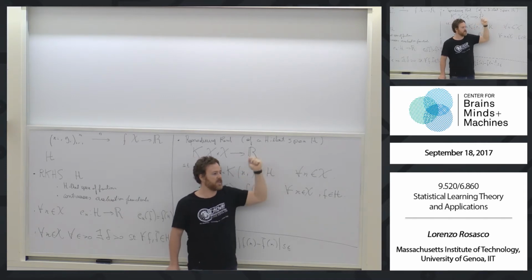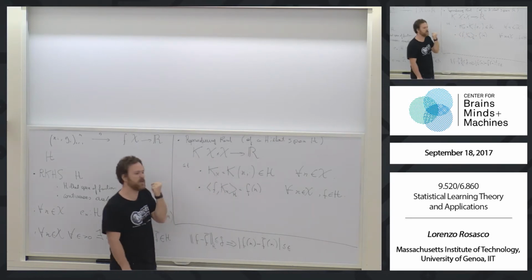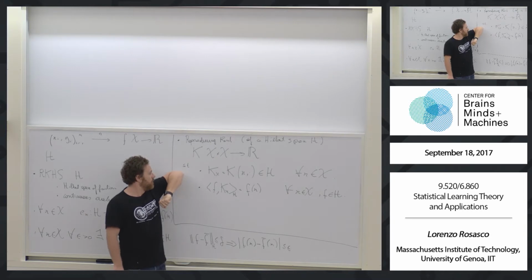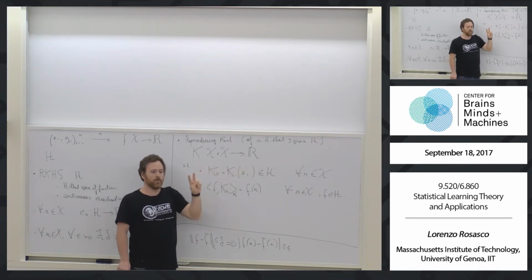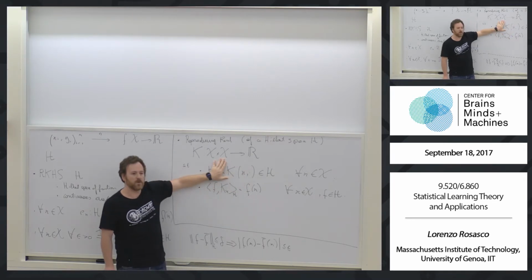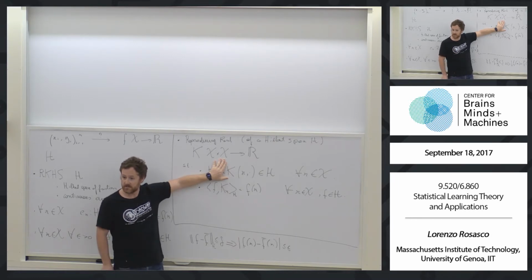And we say that this Hilbert space has a kernel, a reproducing kernel, if there is a special function of two variables, K, from X cross X into R, with two properties. If I fix one of the two entries, so this becomes a function of one variable, this function of one variable should live in the space.